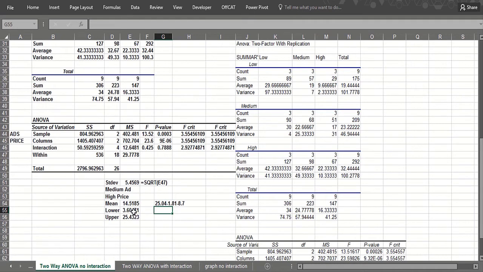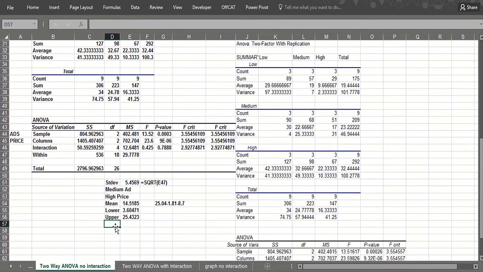The lower point of the 95% prediction interval would be the mean minus 2 times that standard deviation, and the upper point the mean plus 2 standard deviations. So we'd go from about 4 to 25. We'd be 95% sure that in a week with medium advertising and high price, we'd sell between, let's say, 360 and 2543 if this were in hundreds.